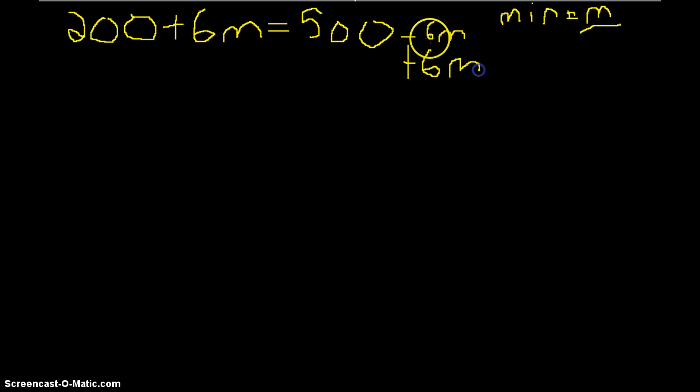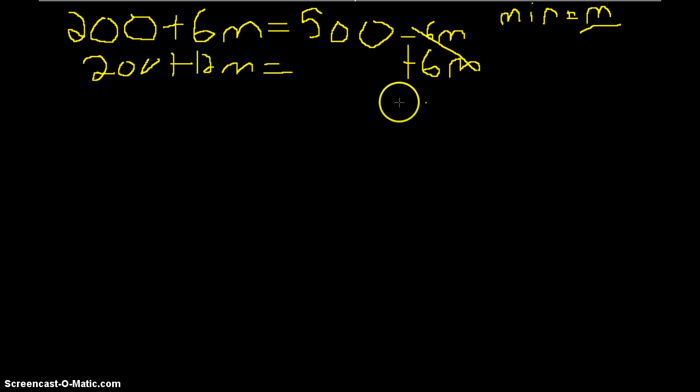And that'll cancel out, and we'll add 6m, and bring down the rest of the equation. So now we'll add 6m, which will then turn into 12m equals 500.